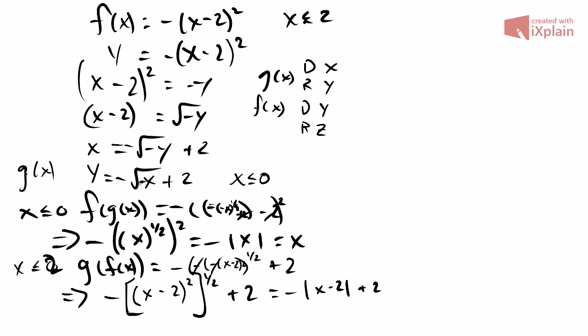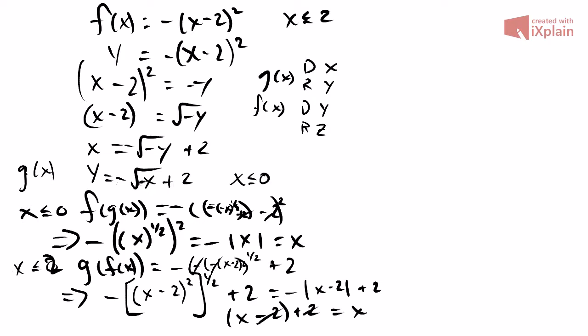Because x is defined as less than or equal to 2, x minus 2 will always give us a negative number, because the highest number we can put in here is 2, and 2 minus 2 is 0. If you put in 1, it's 1 minus 2, which is negative 1. So they all fall negative, and we make them positive, and this negative makes it negative again, so we can rewrite this as x minus 2 plus 2. These cancel out, and that gives us x.